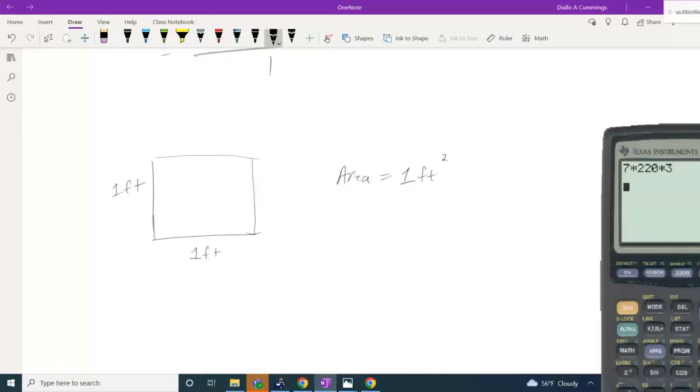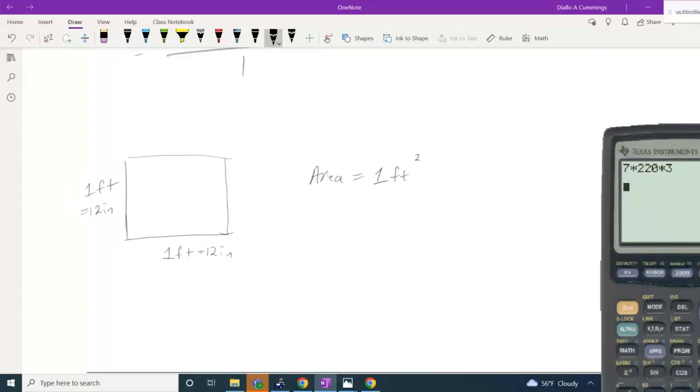Now, as far as the conversion from square feet to square inches, 1 foot is equal to how many inches? 12, right? So this would be 12 inches, and this would also be 12 inches. So if I were to find how many square inches, 12 times 12 is what? 144, and then inches times inches is square inches.